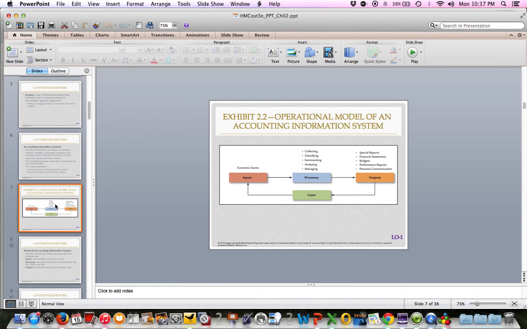Your financial statements, which have a very prescribed format; they need to look a certain way. Most companies do budgeting, so you've got your budgeting system as a part of that. Performance reports: basically, how do we perform versus our budget? Is there a difference between the two? And then personal communication, and of course those outputs are given to users who then make decisions, and it goes back to inputs.